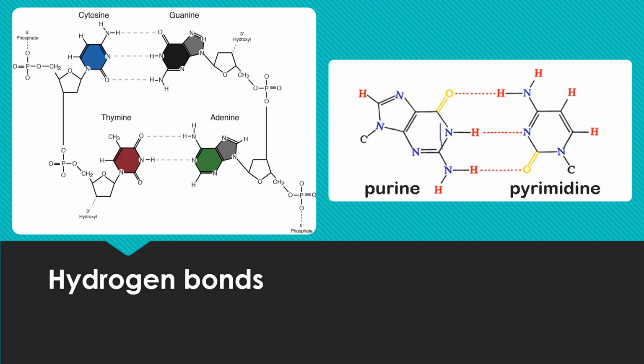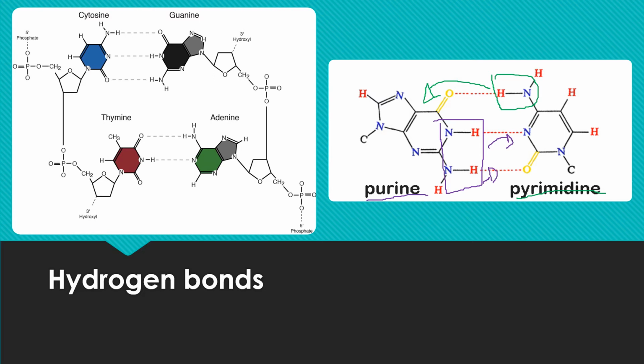As you can see, this hydrogen belongs to the purine, and the hydrogen in this part belongs to the pyrimidine. The pyrimidine shares this hydrogen with the purine, and the purine shares these 2 hydrogens with the pyrimidine. They hold together through these hydrogen atoms. This is why we say it's a hydrogen bond. In Spanish, it is called puentes de hidrógeno.